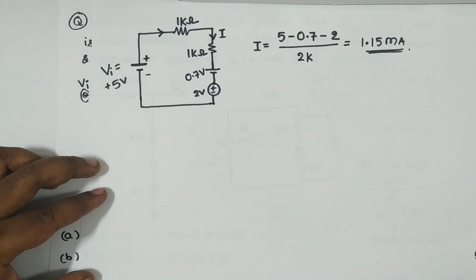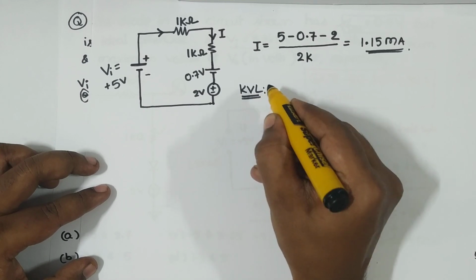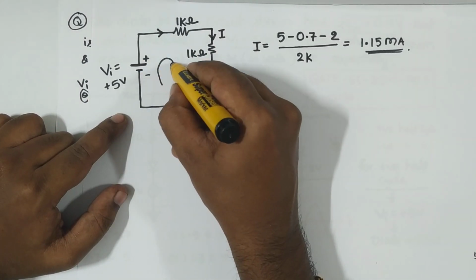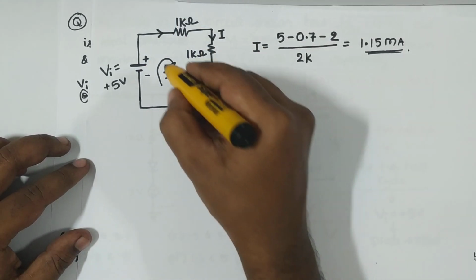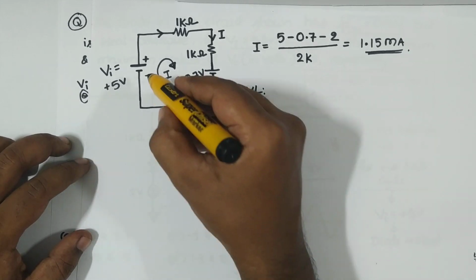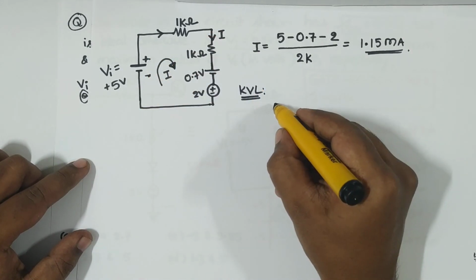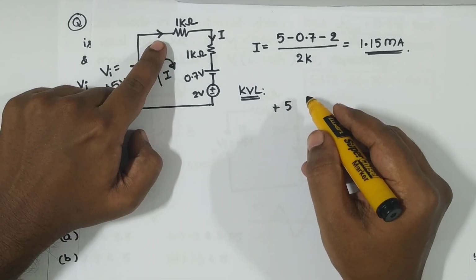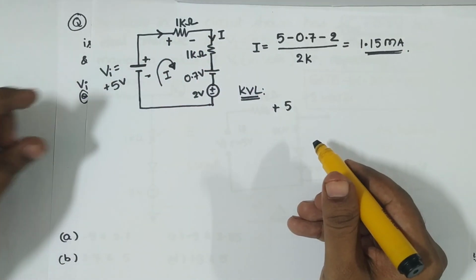See, newcomers, you can apply KVL if you want to know how to get this conservation of energy in a loop. So for example, let me go like this. Let me take clockwise because we have this current flow this way anyways. Now I'm going from minus to plus, achieving something, so take positive 5. So Vi is positive 5. Now again, current always enters at plus, exits at minus.